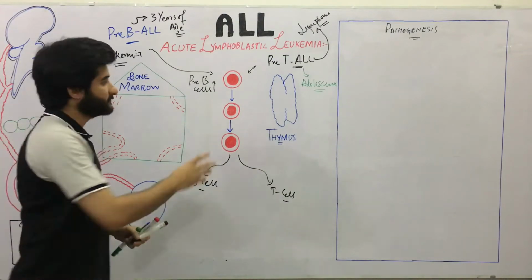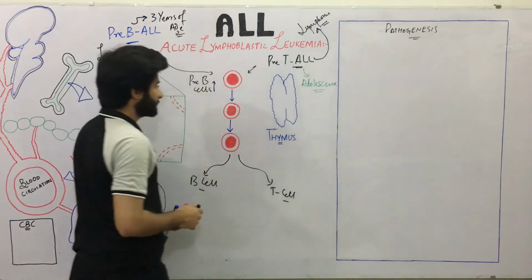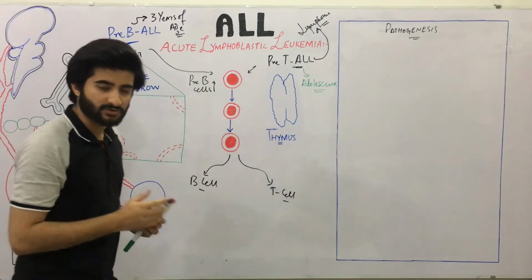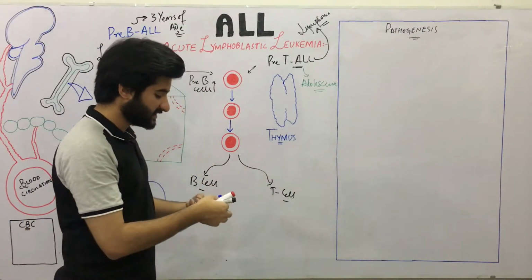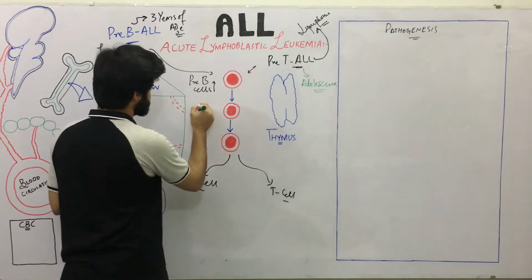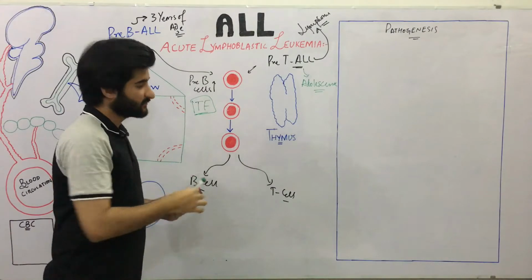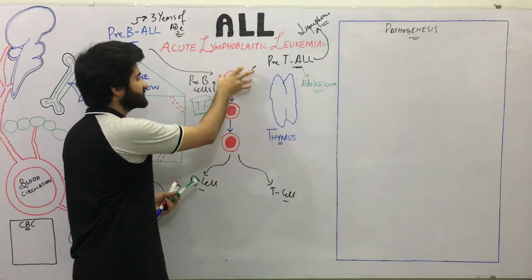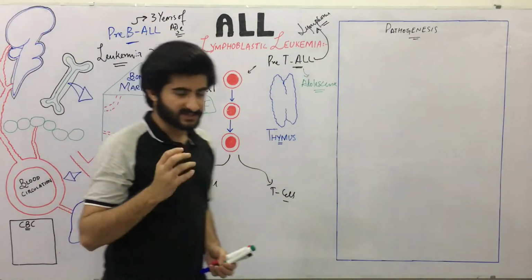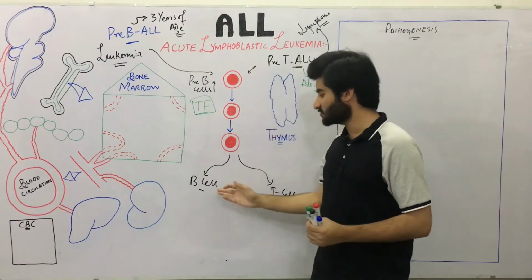So the end result of these lineages is that either a B cell or a T cell is formed. For this step-by-step maturation and development, we need certain transcription factors. These transcription factors are necessary for the development of precursor B cells or precursor T cells into B cells and T cells respectively.